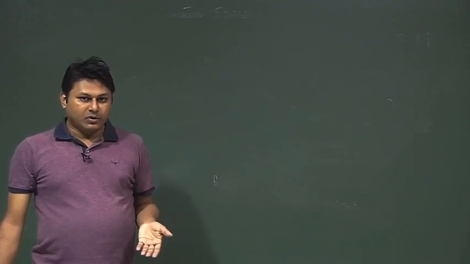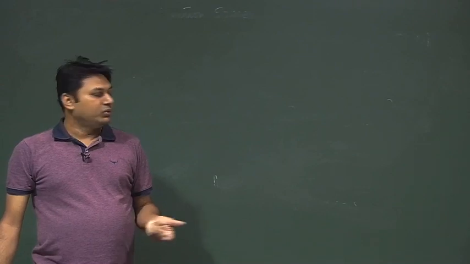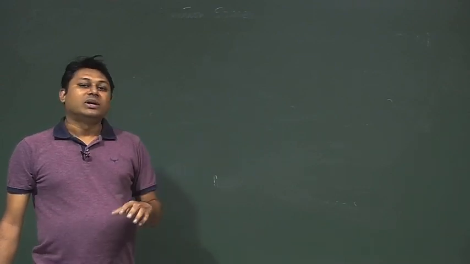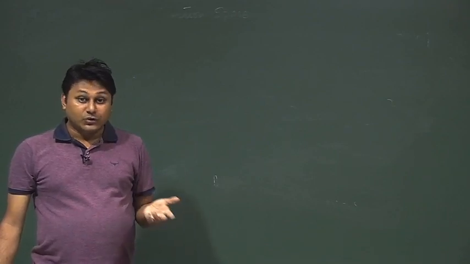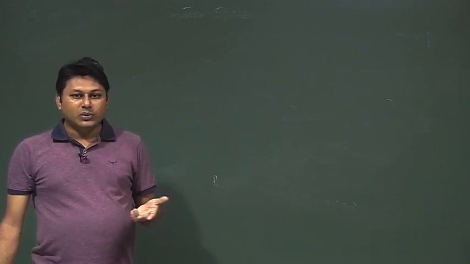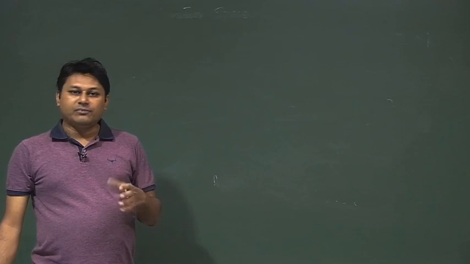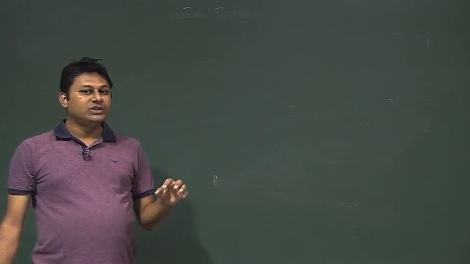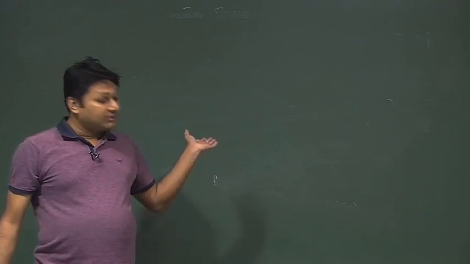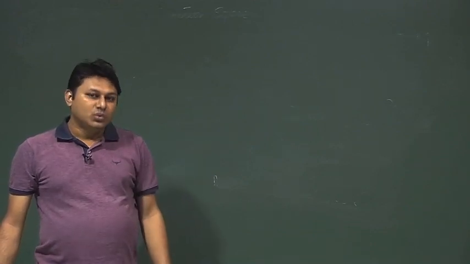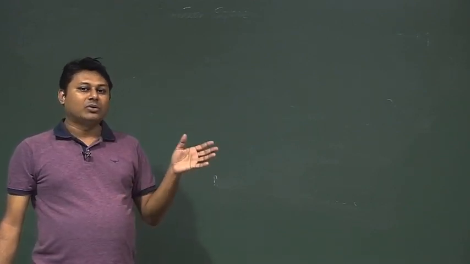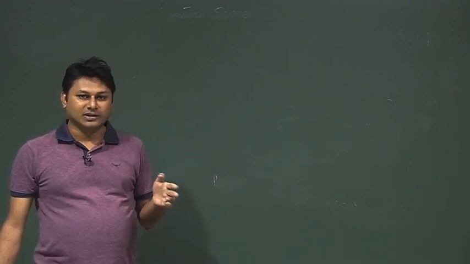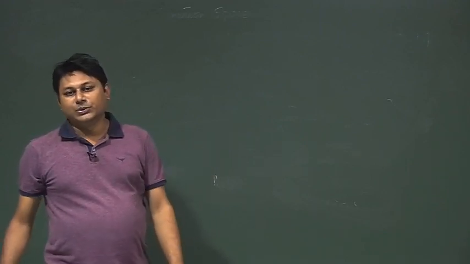In the same way, we can try to find a set of functions which are orthogonal to each other and have unit norm. If we find such a set, then we can use it as a basis. That means any function can be represented with that orthonormal set of functions. That part we will do in the next class.